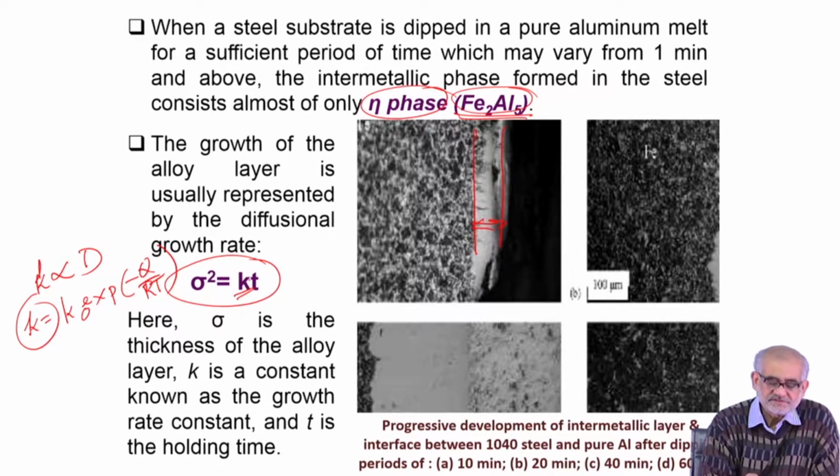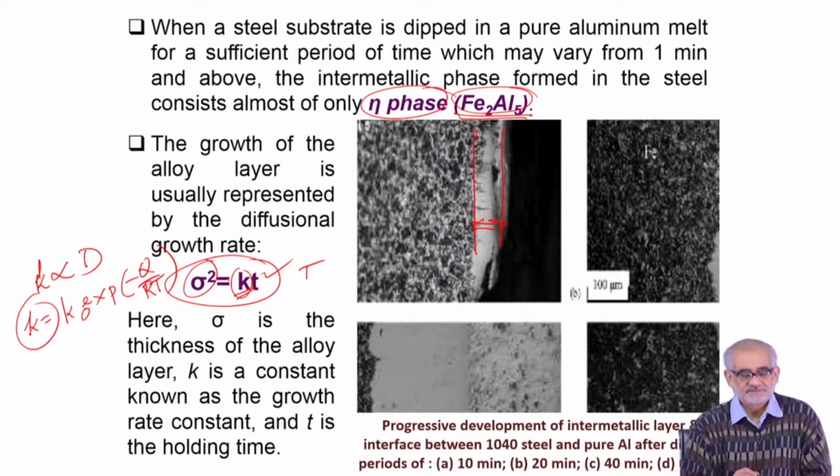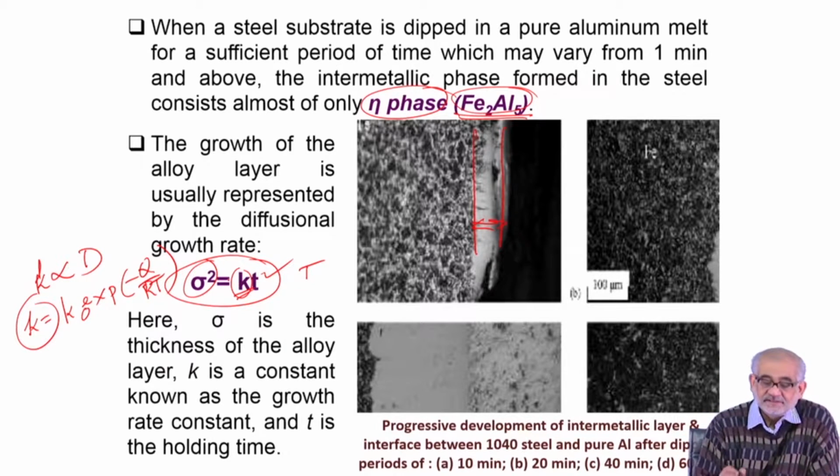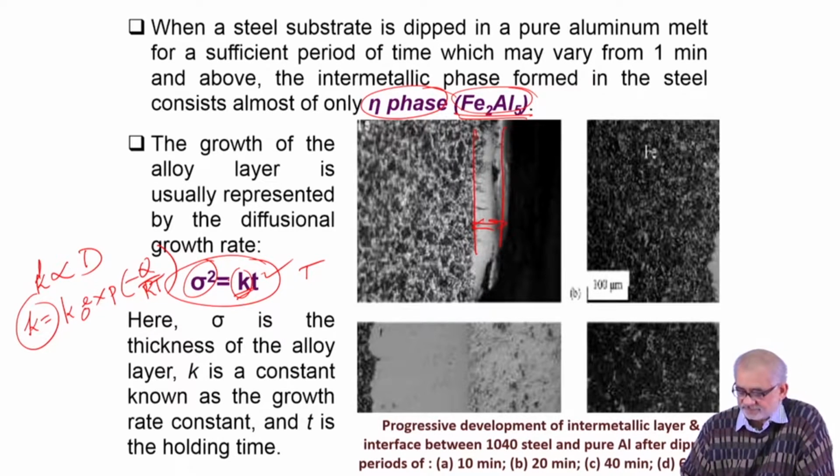Once this K is known, then we can predict what the thickness would be. So sigma here is the thickness of the diffusion layer at a given temperature T for the time of exposure small t. And this is important for us to design the experiment through which we actually use or develop such coating.